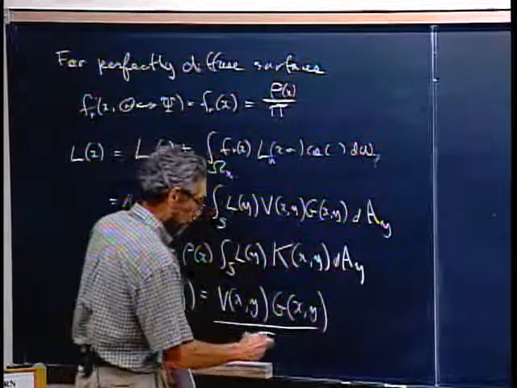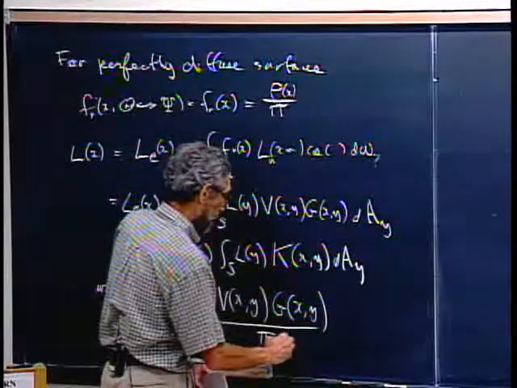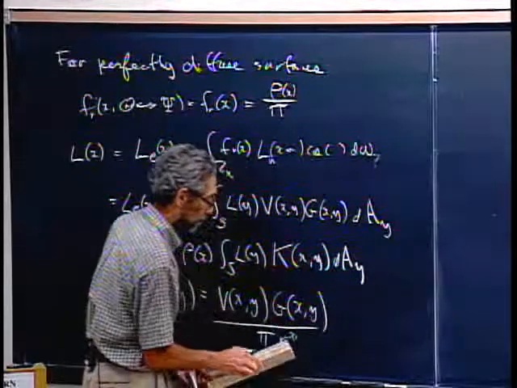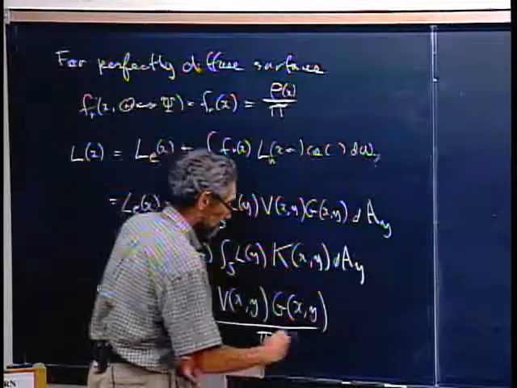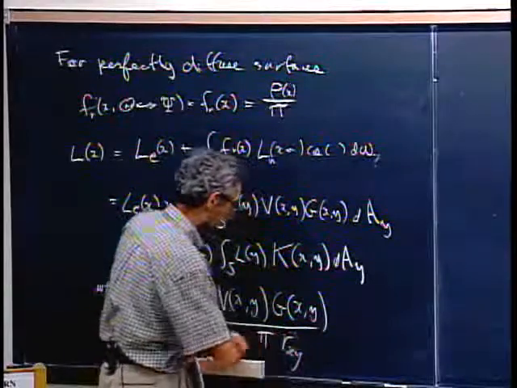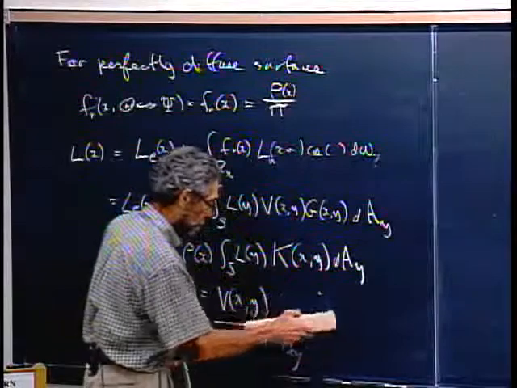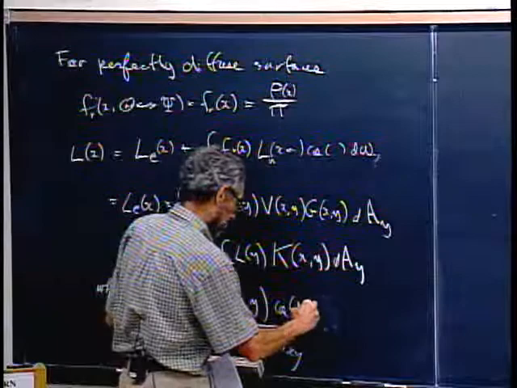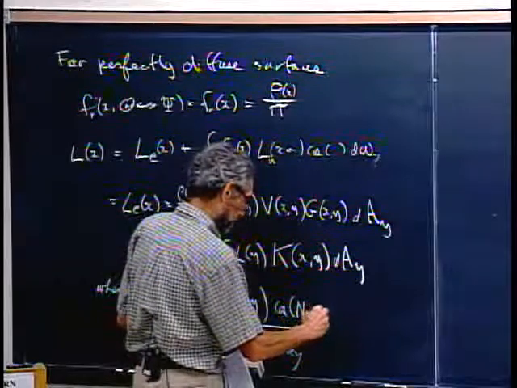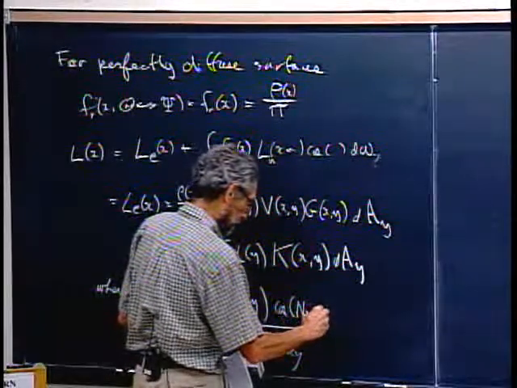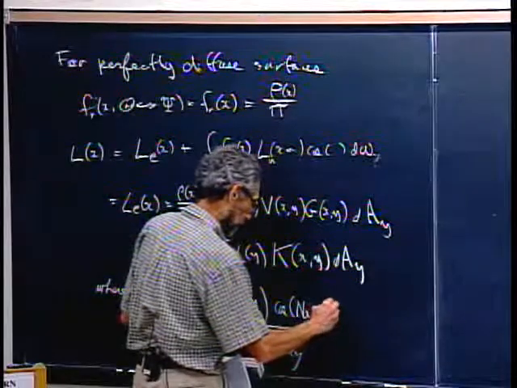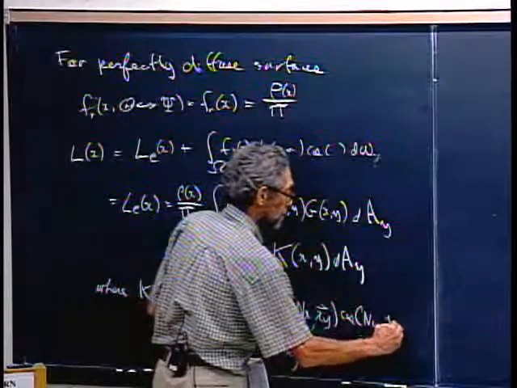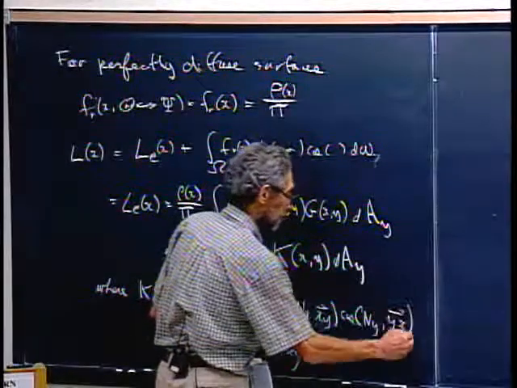So writing out the two cosines, pi, and r_xy, the distance between x and y, the two cosine factors are cosine of n_x with respect to the direction xy, and cosine of n_y with respect to the direction yx.